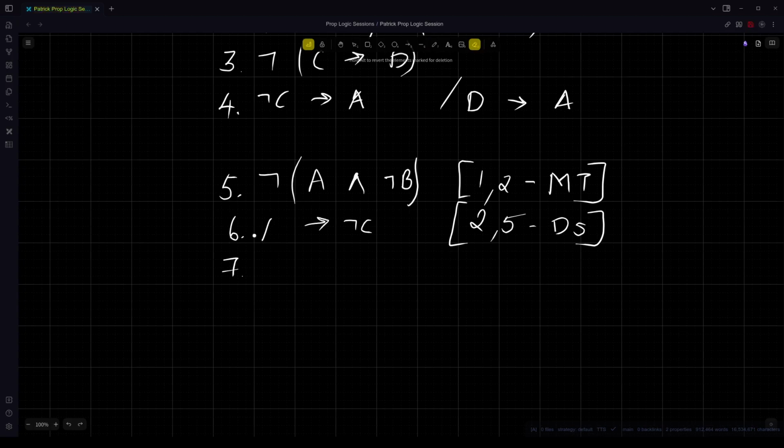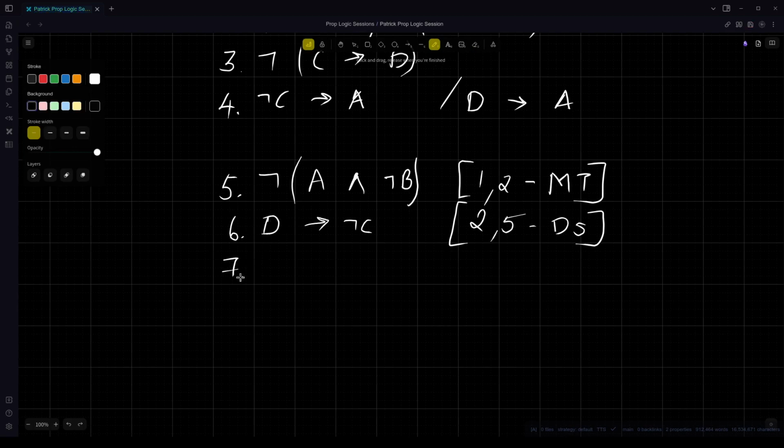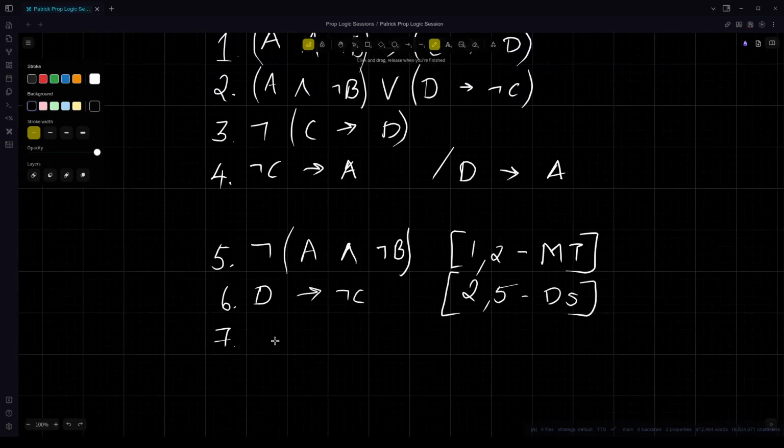And I think for 7 there's a hypothetical syllogism. So it's D implies A. And then I'm doing this on premise 4 and 6.